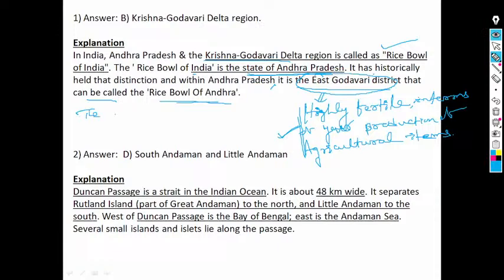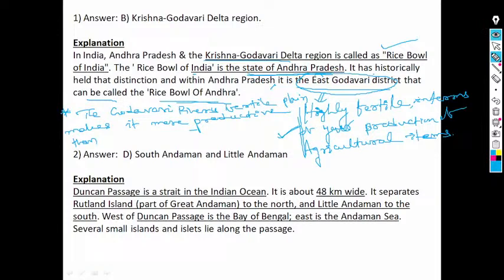Here we can say the Godavari river's fertile plain makes it more productive, particularly.